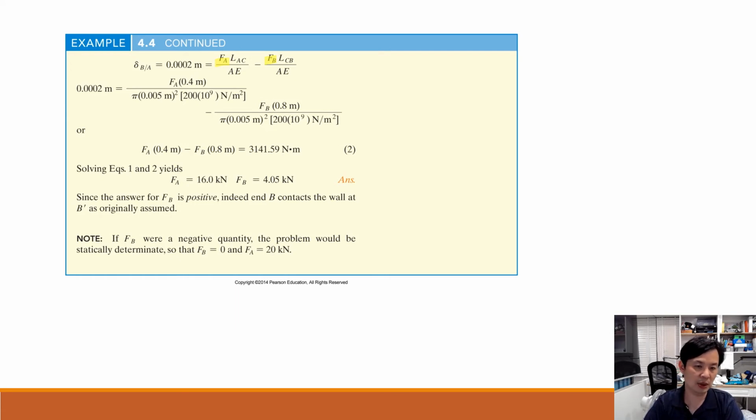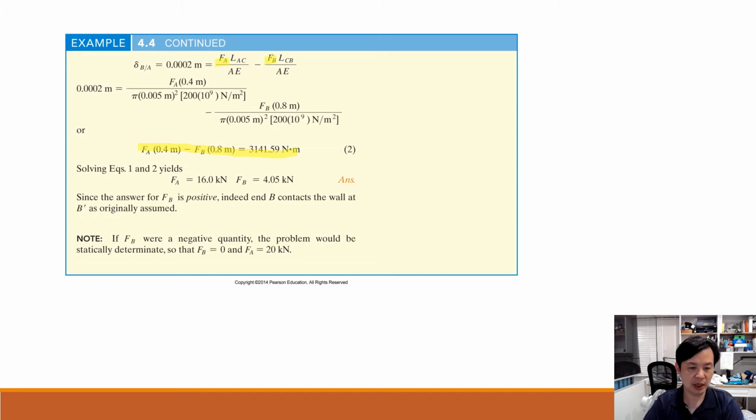The other side would be positive. Once we derive this, we substitute all the dimensions, the force, and the constants into this equation. We get the second formula as a function of FA and FB. Solving equations 1 and 2, we get FA equals this number and FB equals the other one.